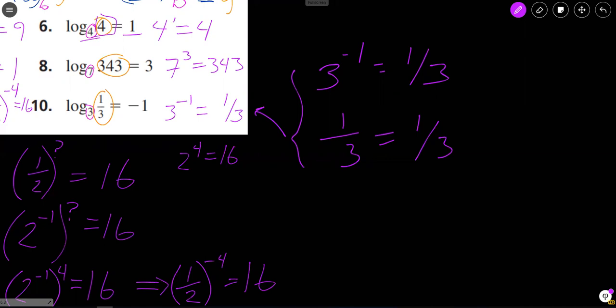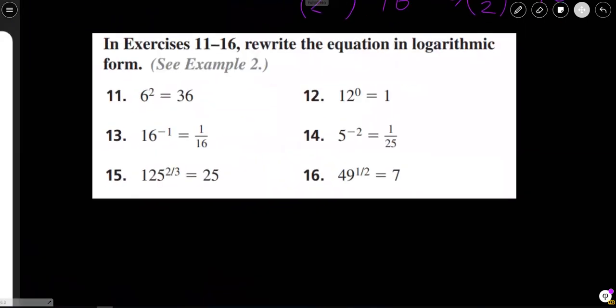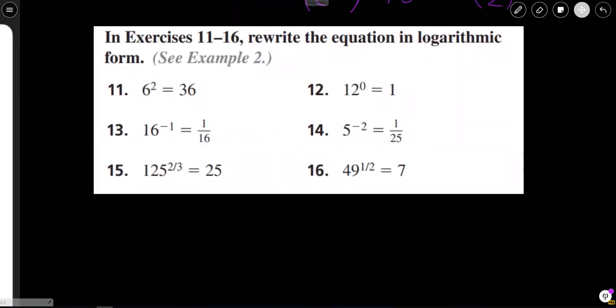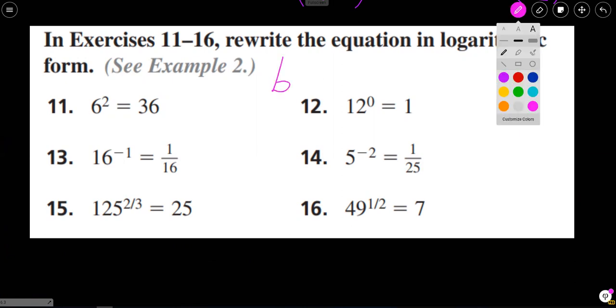All right. So next up, let's go to the other direction, rewriting the equation in logarithmic form from exponential form. So again, we have exponential form, which is b to the x equals y.